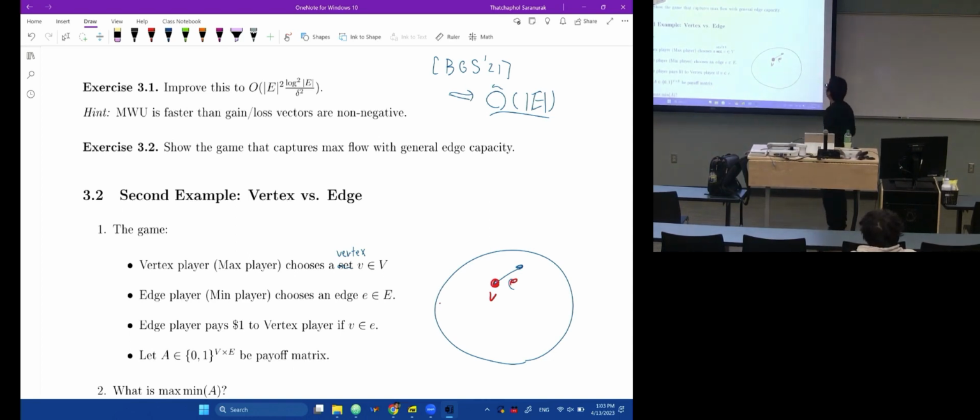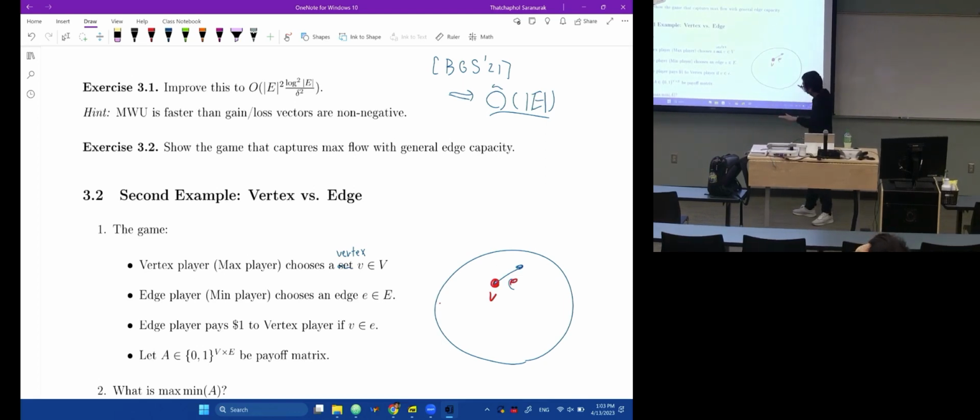Okay, how about the edge player? Let's think strategically again, right? What does the edge player want to do? It wants to choose a distribution of edges such that, well, it tries to minimize.